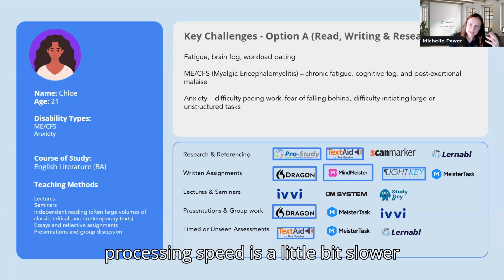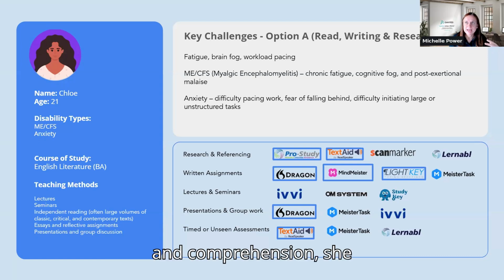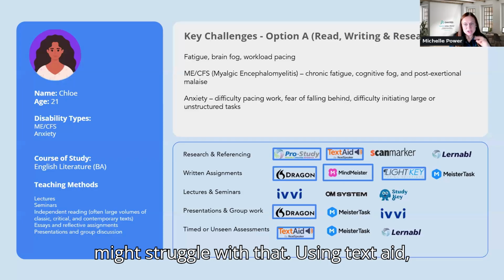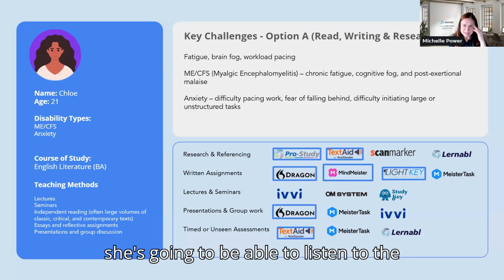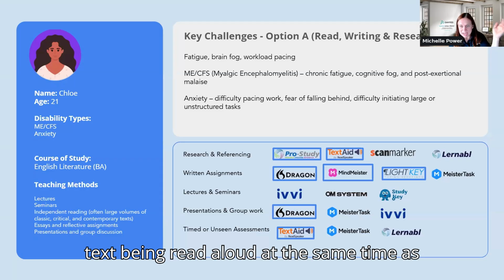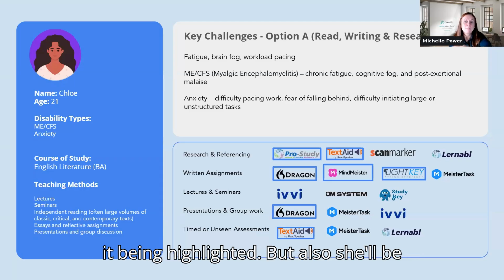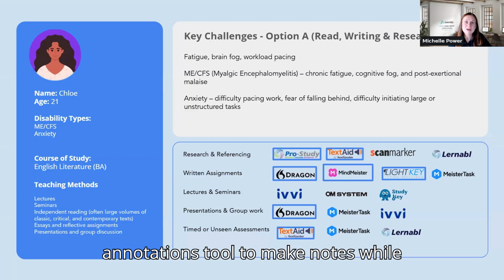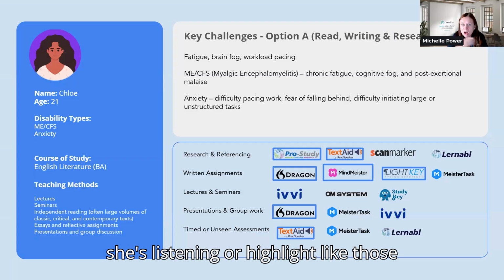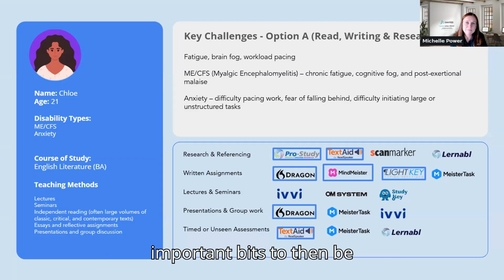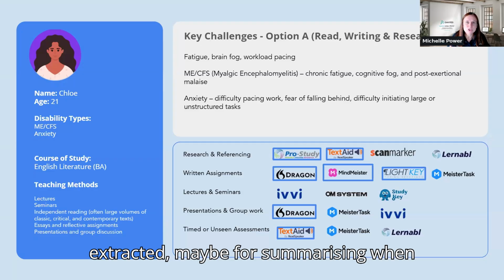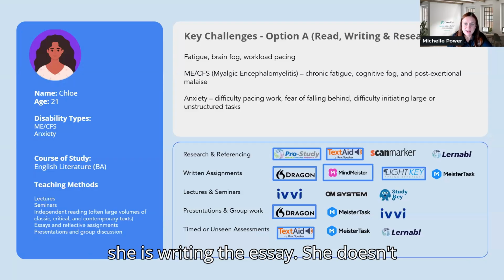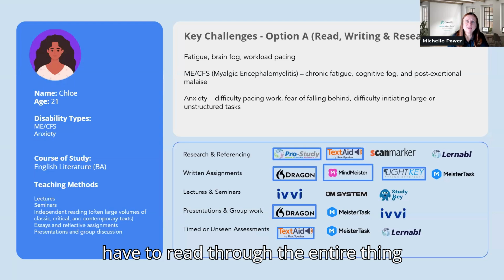Maybe processing speed is a little bit slower, and she might struggle with comprehension. Using TextAid, she's going to be able to listen to the text being read aloud at the same time as it being highlighted, but also she'll be able to use the highlighter tool and the annotations tool to make notes while she's listening, or highlight the important bits to then be extracted, maybe for summarizing when she is writing the essay. She doesn't have to read through the entire thing again.